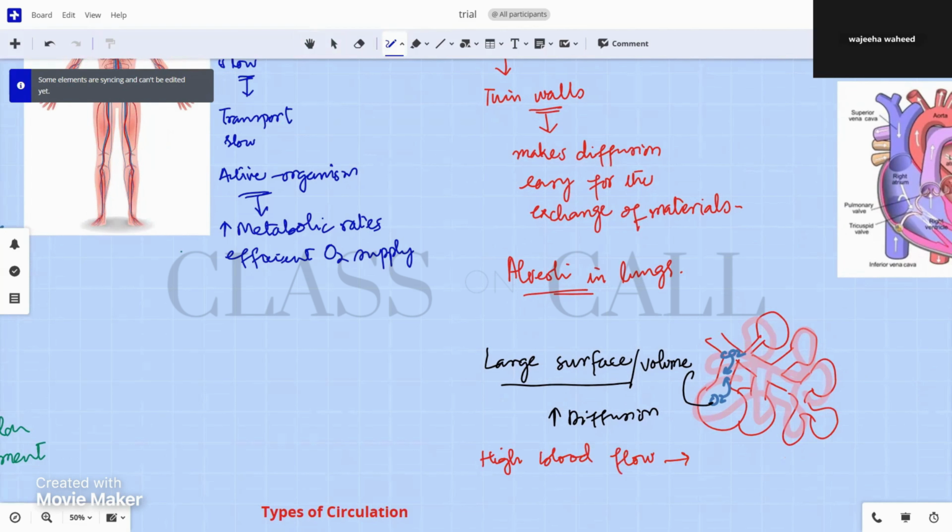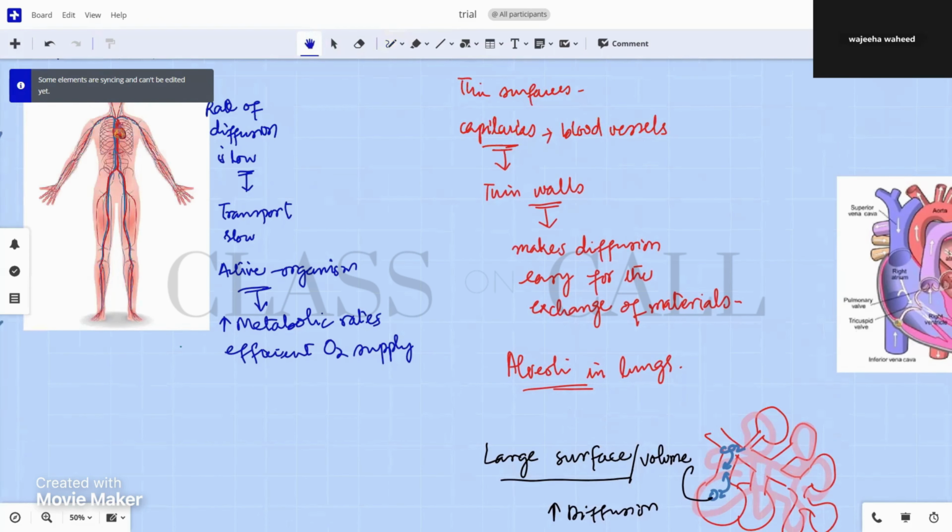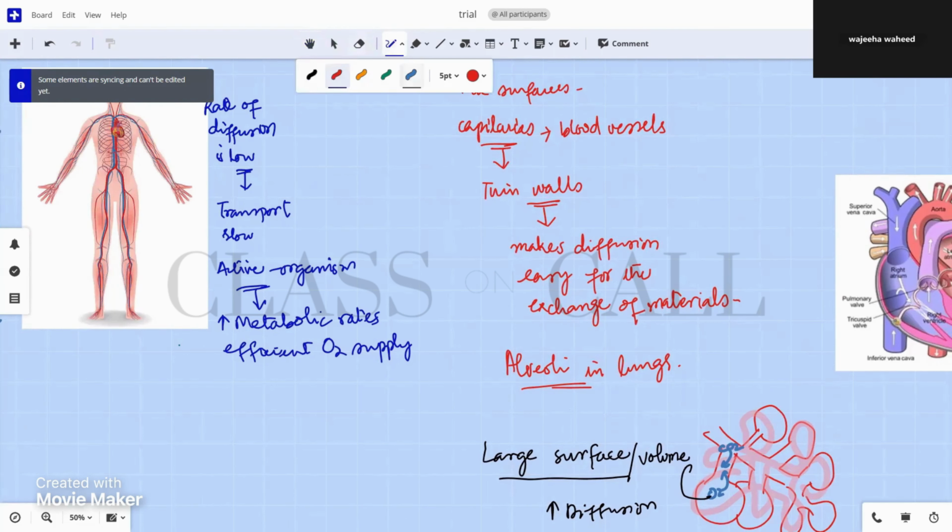By having high blood flow, there will be a ready supply of oxygen to the organs, right? So these were the three major features of the circulatory system, right?